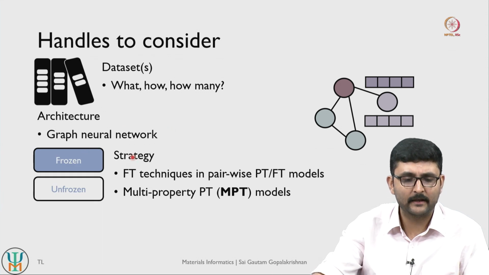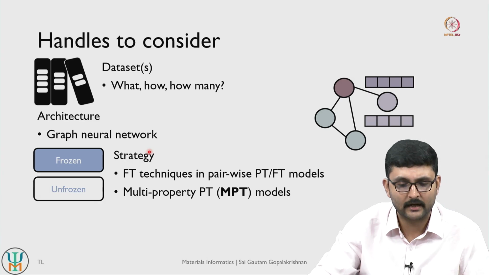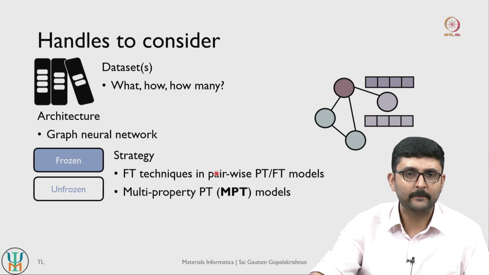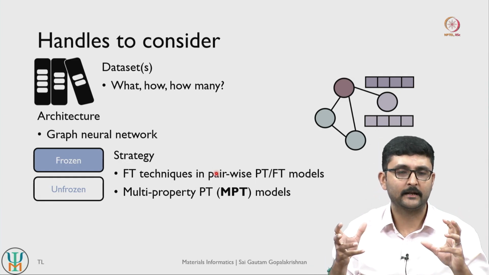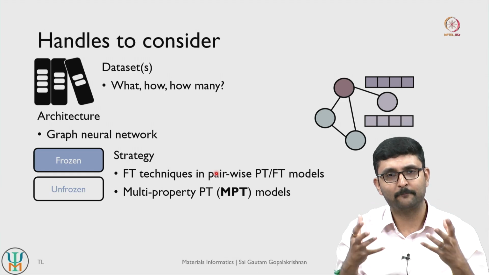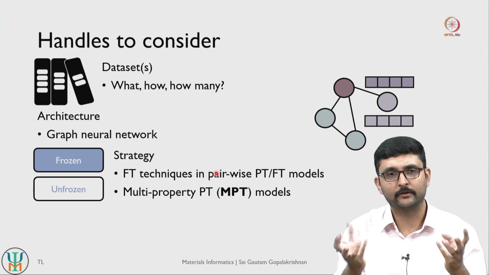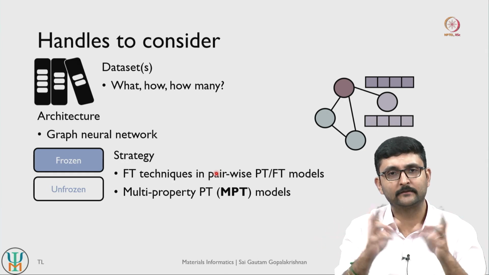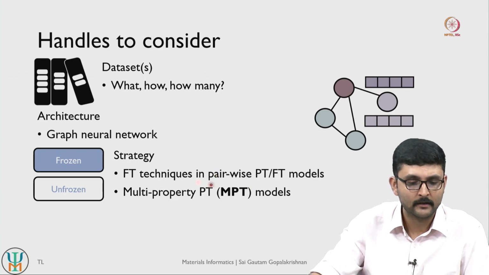And then there are various strategies that you can use when you do fine tuning in your transfer learning framework. So typically in transfer learning you pre-train on one data set and you fine tune on a different data set. So this exercise is called a pairwise transfer learning exercise. So it is called pairwise because you use one data set for pre-training and another data set for fine tuning, right. So that is why you use two data sets, so it is called a pairwise transfer learning model, right.